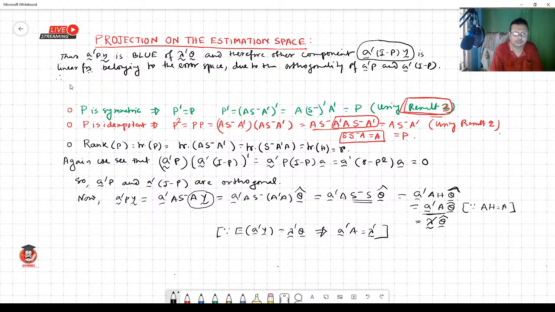I recall this partition, A'P plus A'(I−P). I denote this partition by 1.